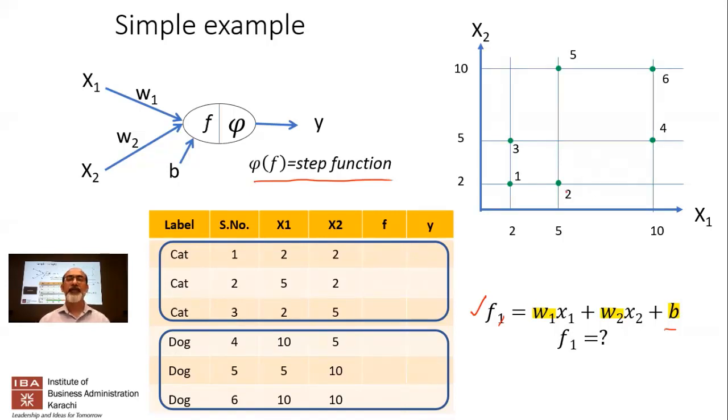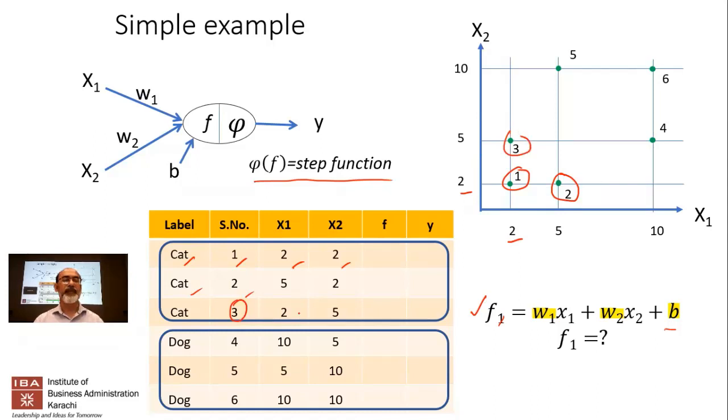I'm going to give you a bunch of inputs. So here are three inputs, and all of these are cats. Input number one, serial number one, is a cat. This is the input-output pair. So X1 is 2 and X2 is 2. X1 could be the weight and X2 could be friendliness and so on. Similarly, we've got another cat which is number 2, and another cat which is number 3.